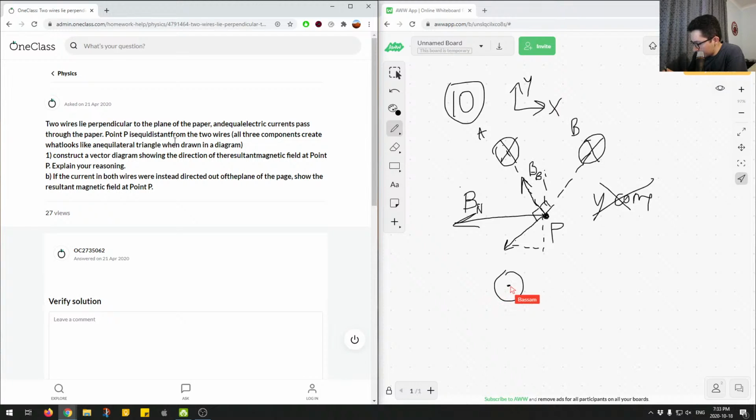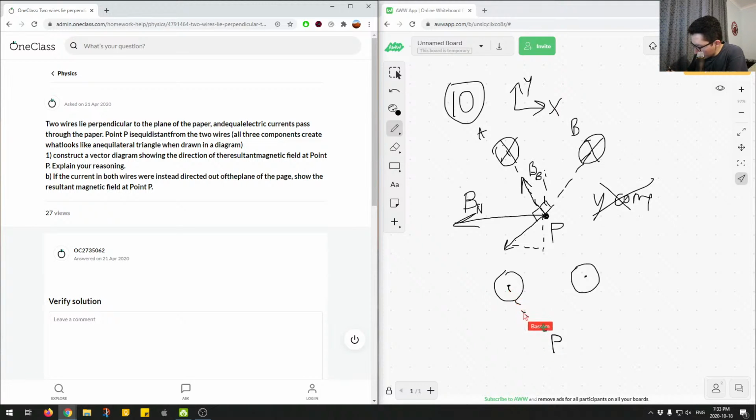So let's say they're into the page, and we have point P over here. We'd use the right hand rule again with your right hand, but this time your thumb is pointing out of the page. When your thumb is pointing out, your fingers curl in this direction, and it will go this way, because this is the perpendicular or the tangent line.